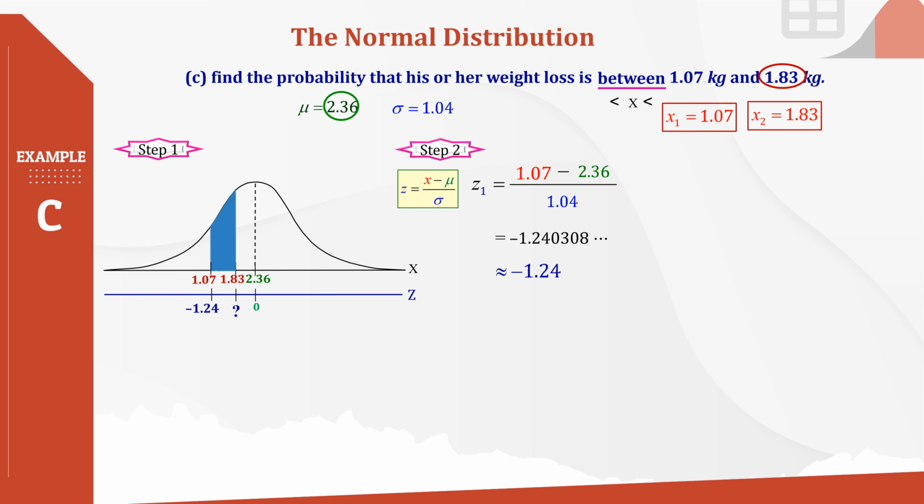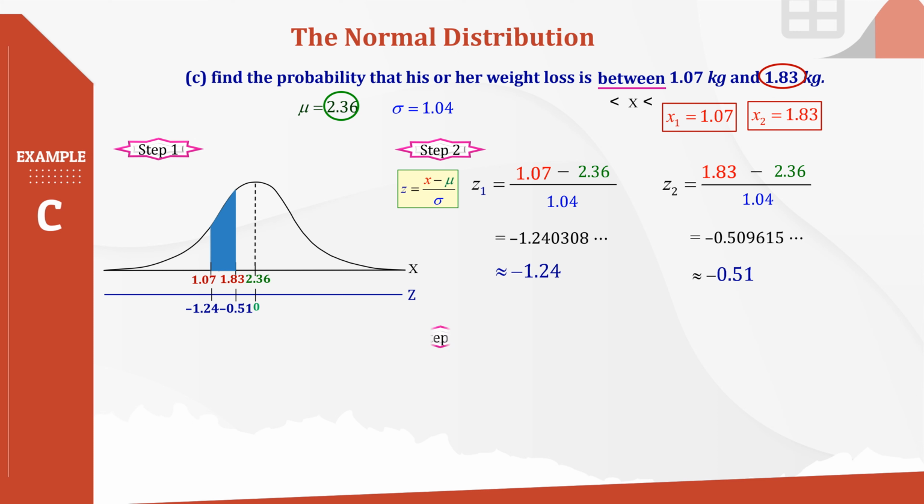We call it Z1 score. Please round the z-scores to 2 decimal places. Similarly, after substituting the mean and the sigma values into the proper positions, place x2 value of 1.83 on the top left to get negative 0.51. We call it Z2 score.